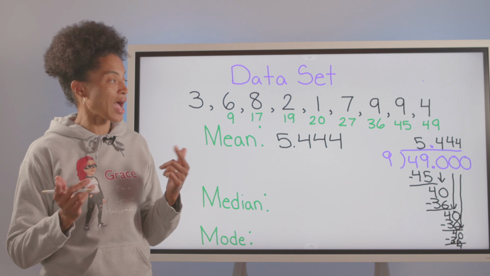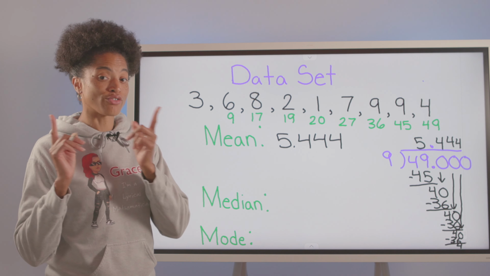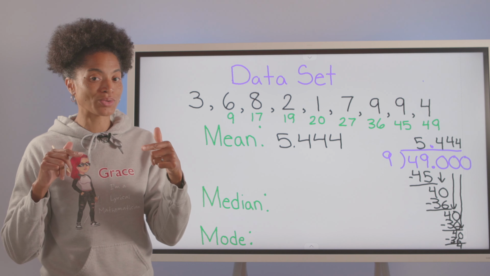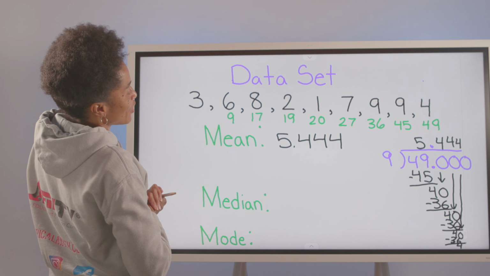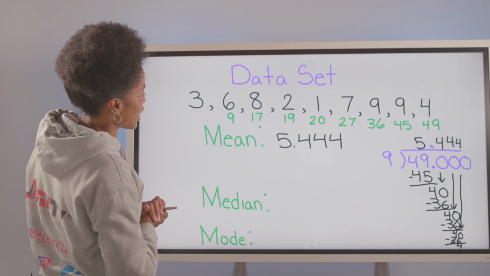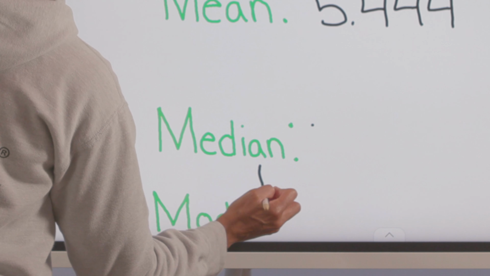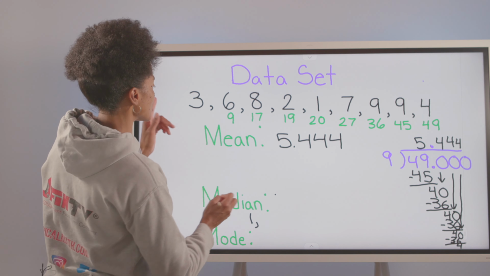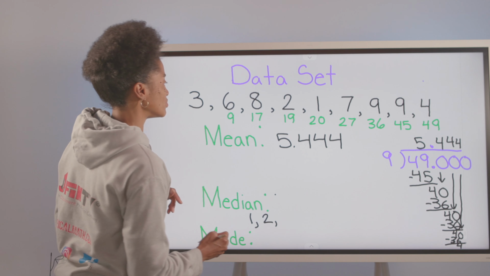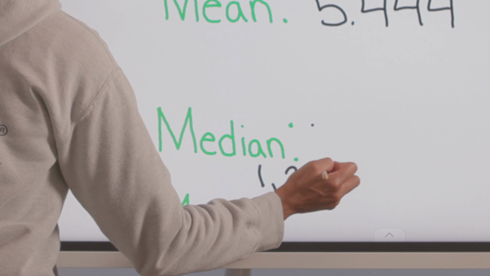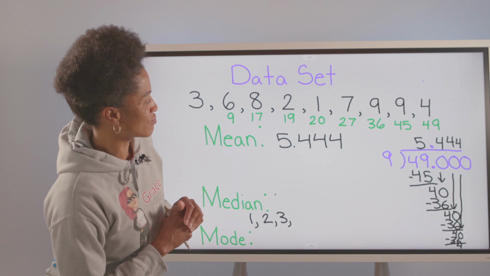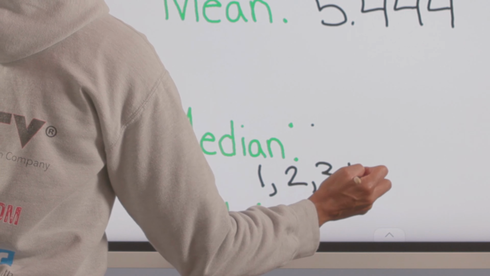For the median, I'm going to line my numbers up from least to greatest and find the middle of my data. The smallest data value is 1. What do we have after 1? 2. After 2, 3. After 3, 4. Good job.